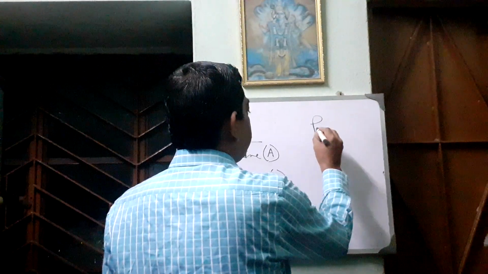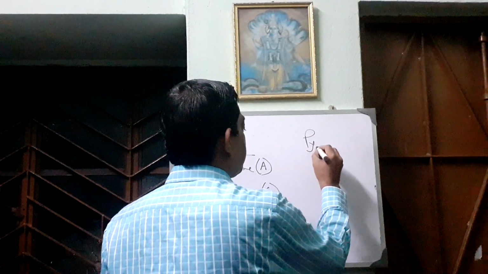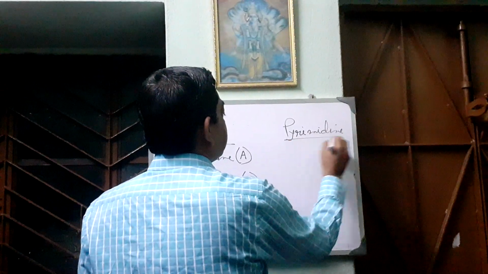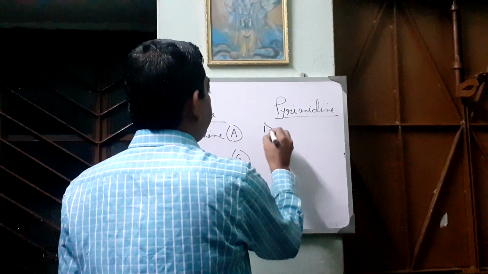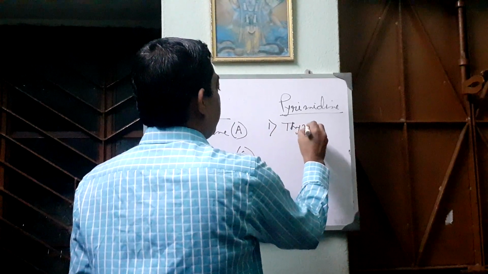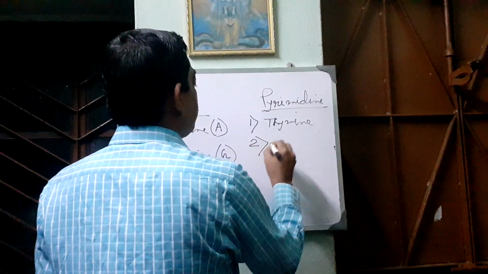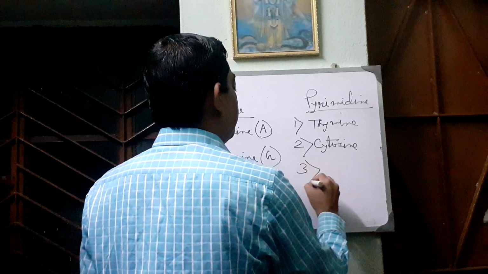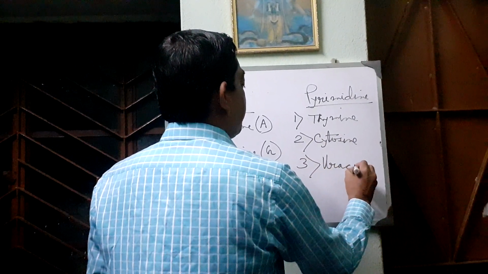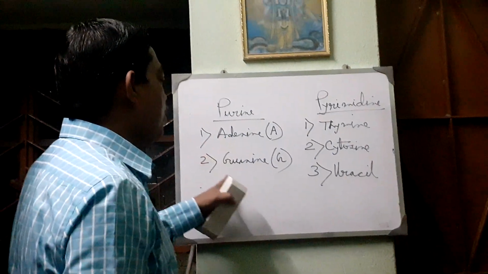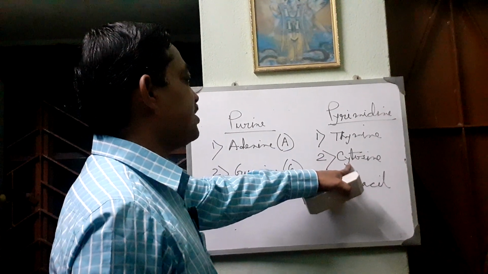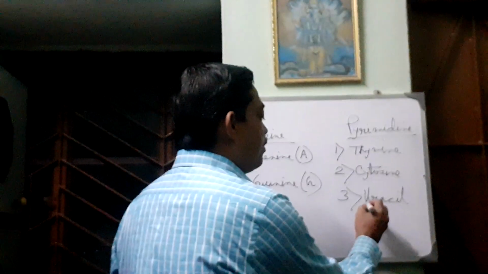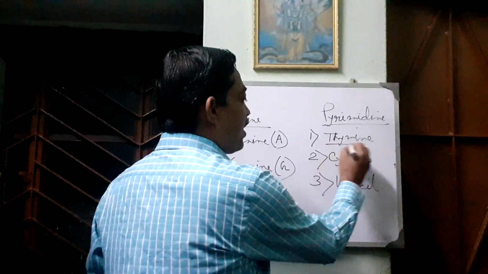The other nitrogenous, heterocyclic base is pyrimidine, and there are three types of pyrimidine base: thymine, cytosine, and uracil. In the DNA structure, adenine, guanine, thymine, and cytosine are present, both purine and pyrimidine bases. But in the case of RNA, uracil is present in place of thymine.